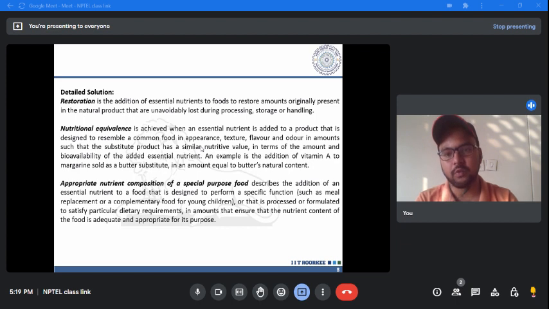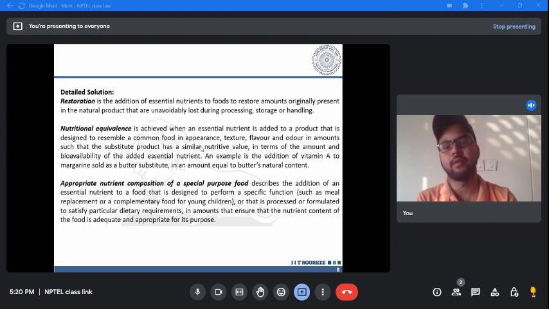The name itself says that the food is prepared for a particular purpose. Suppose you are an athlete, a runner, a cricketer, or doing some specific task.